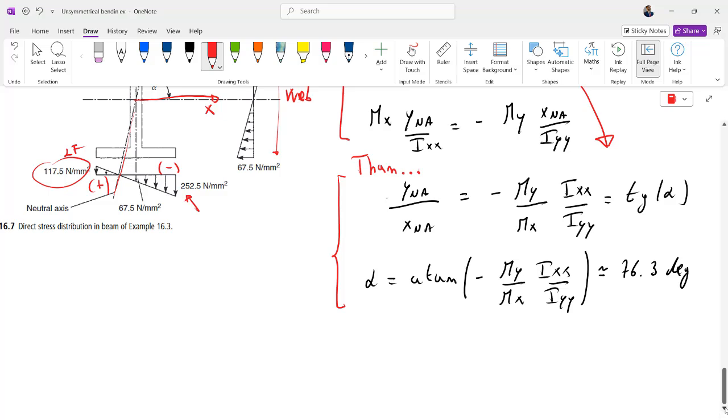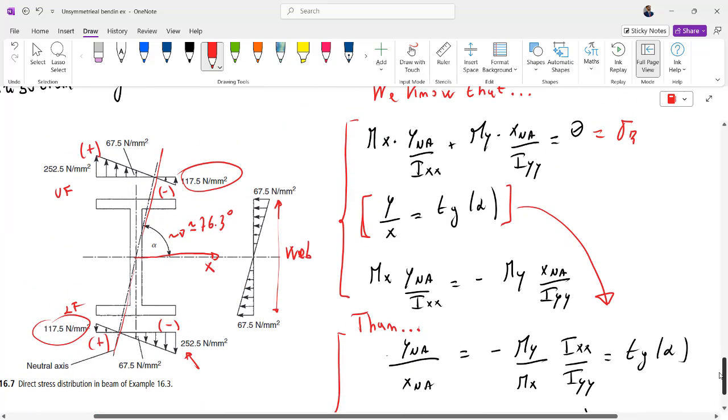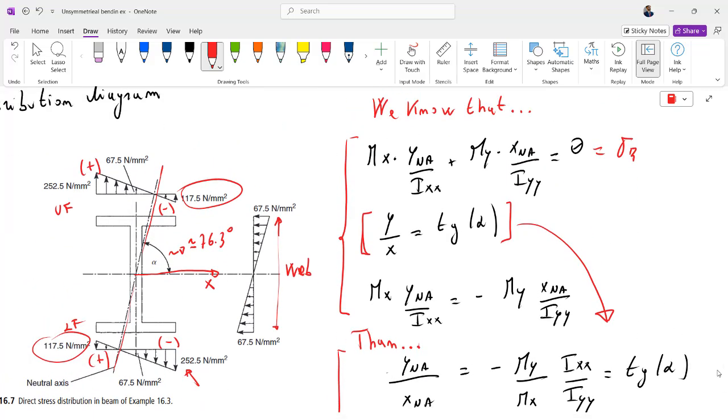The inverse function of the tangent is the arctan of an angle. So the arctan of this quantity here is clearly the angle alpha. So alpha is equal to about 76.3 degrees. So this is the inclination angle of the neutral axis with respect to the x-axis.